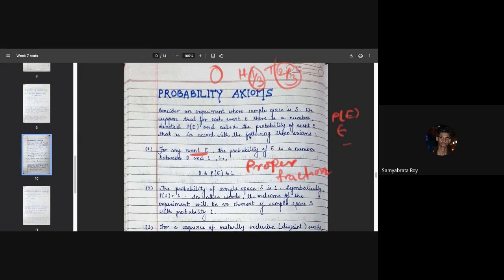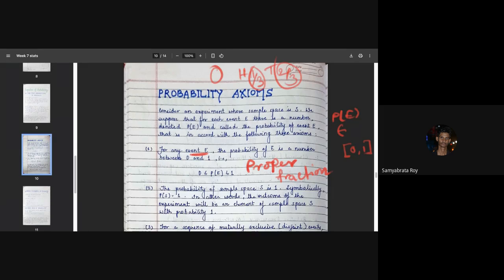It belongs to 0 and 1. This is the first axiom. You can think of probability as a function which has a range of 0 to 1 with closed interval.